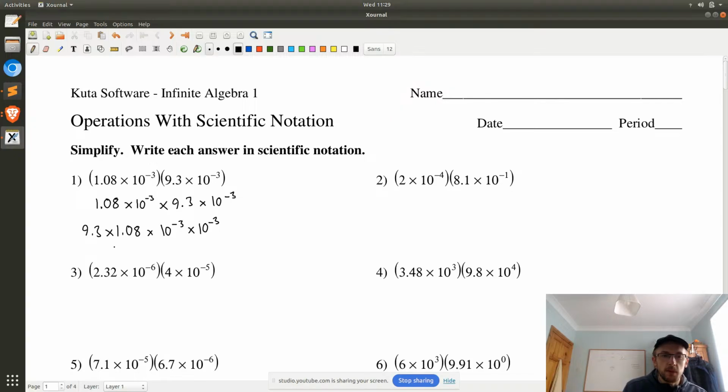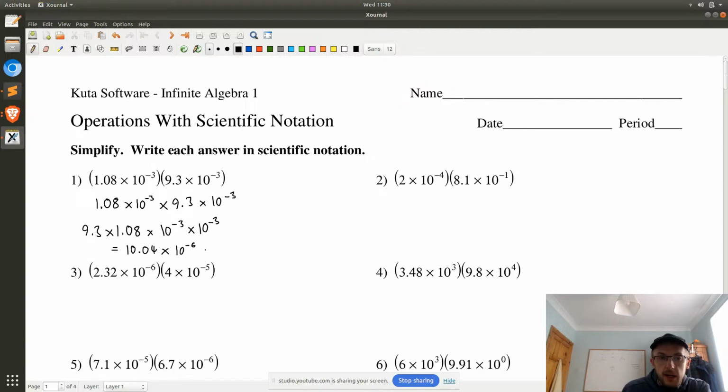Now we have 9.3 times 1.08, which you should be able to do, so do it. So we get 10.04 times 10 to the minus 6.